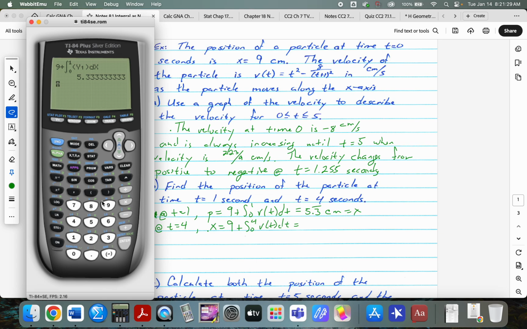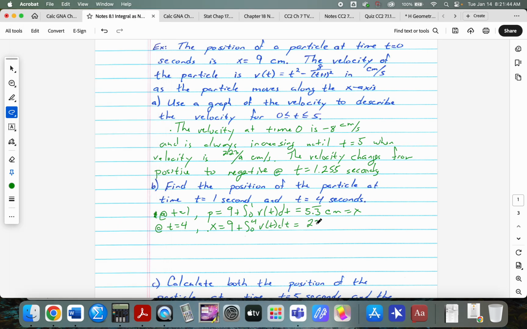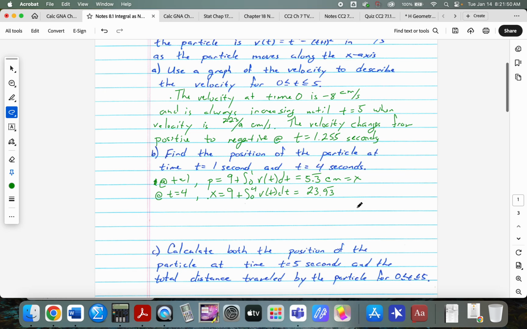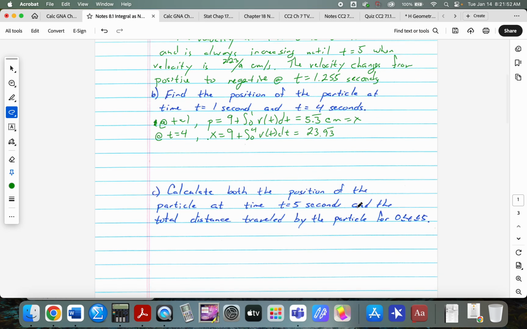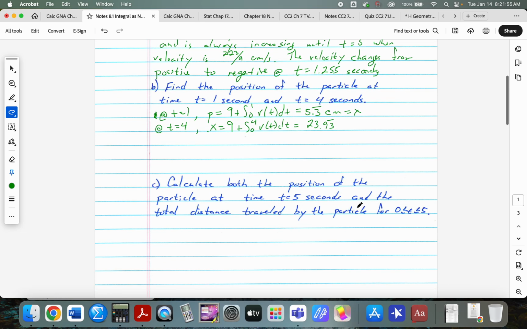And the nice thing about that is I can just do second enter to pull that up again and go, okay, go to 4 this time. And it's 23.93 repeating. All right.